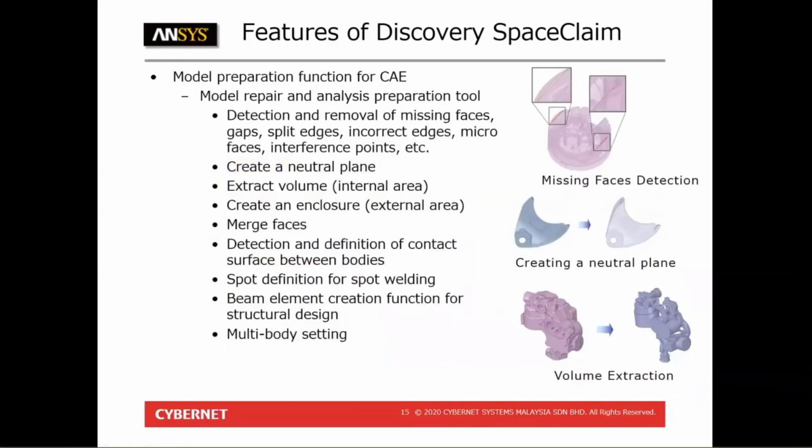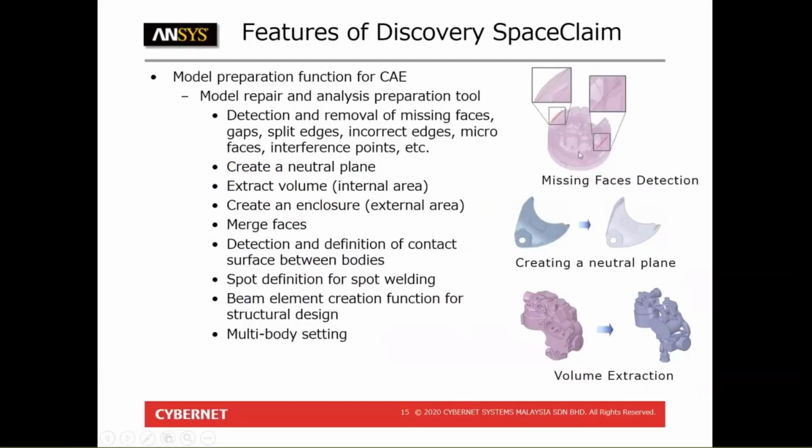So the next feature of Discovery SpaceClaim is the model preparation function for the CAE. What it means is that basically Discovery SpaceClaim has the ability to prepare your model perfectly to be used in the analysis environment. For example, you can see right here in the picture, there's a bit of missing face on the geometry.